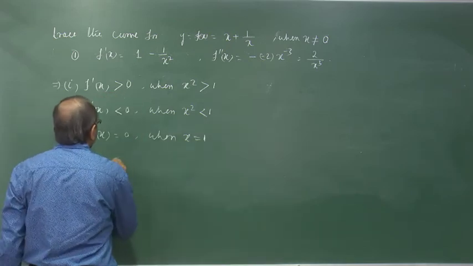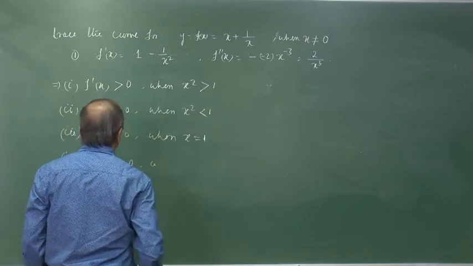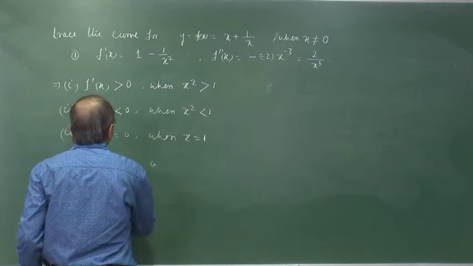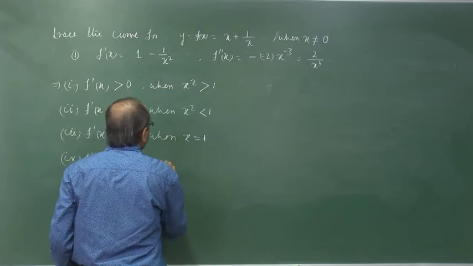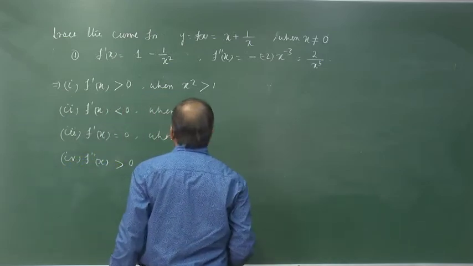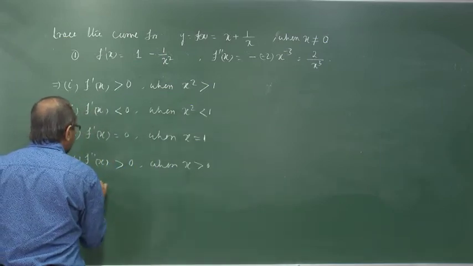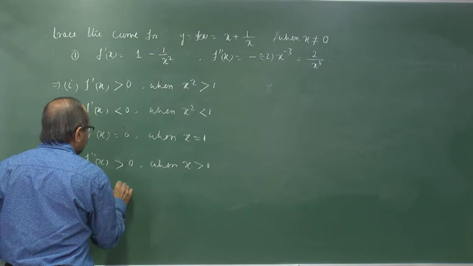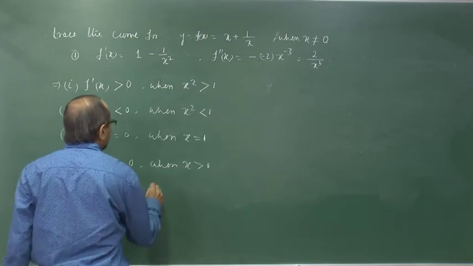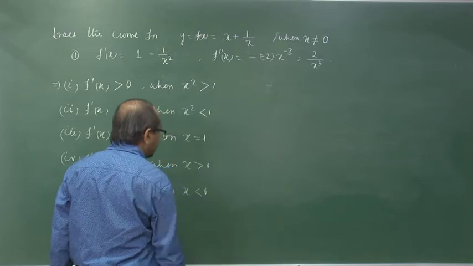So, f double dash x is greater than 0 when x is greater than 0, okay. And f double dash x is less than 0 when x is less than 0.